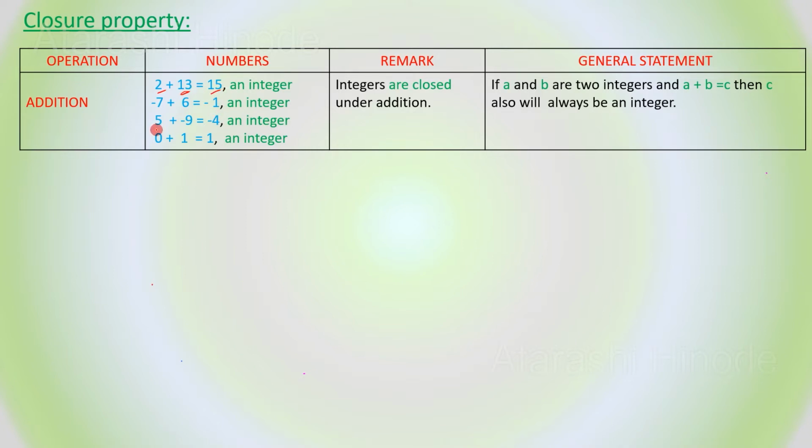And here 5 plus minus 9, that is 5 minus 9, is minus 4. All are integers. So, if a and b are two integers and a plus b equal to c, then c also will always be an integer.